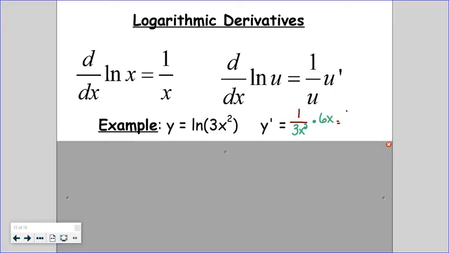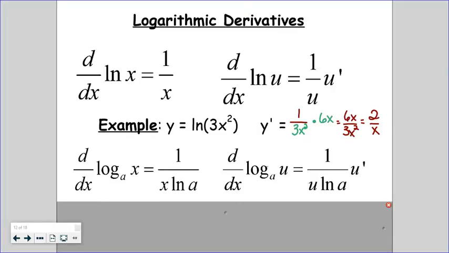Okay. And that looks like it'll simplify here, which would be 2 over x. Questions? Okay.